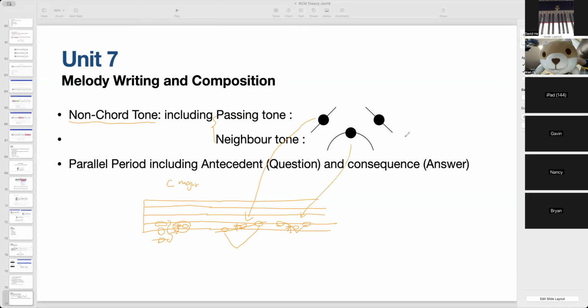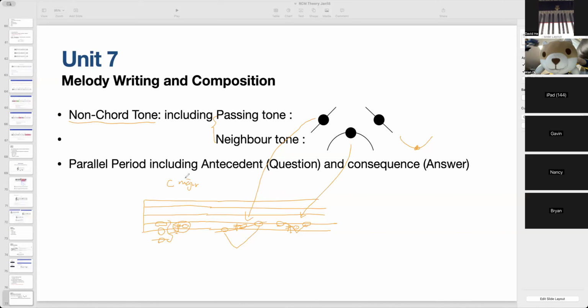This can be like this or it can be like this. That's a neighbor tone. Those are the different definitions, but those sharp Fs should be considered non-chord tones.